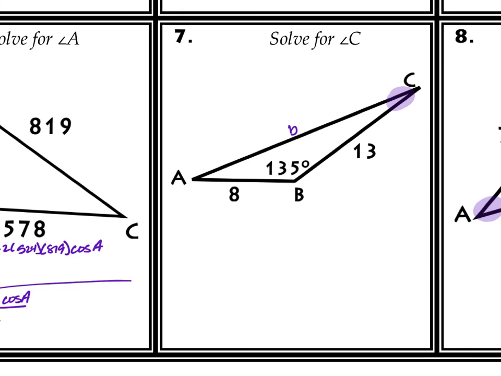B squared is going to equal 8 squared plus 13 squared minus 2 times 8 times 13 times the cosine of 135. So square root that. So B is approximately equal to 19.5. Okay?